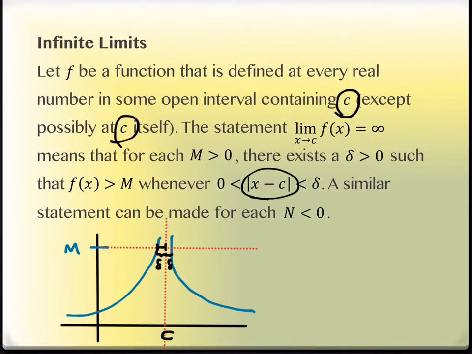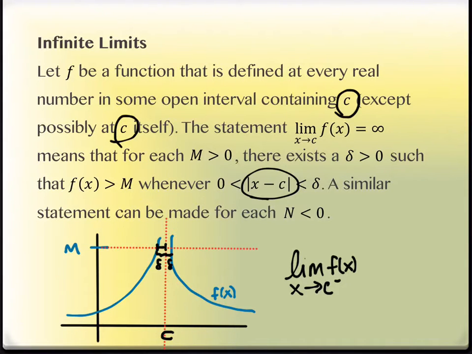So if we were taking the limit of this function, and this function is called f of x, as x approaches c, and we'll just talk about it from the left for the moment so that we can think about just the left-hand side. As we are moving from the left-hand side towards the x value of c, there's no cap on how high we can go.